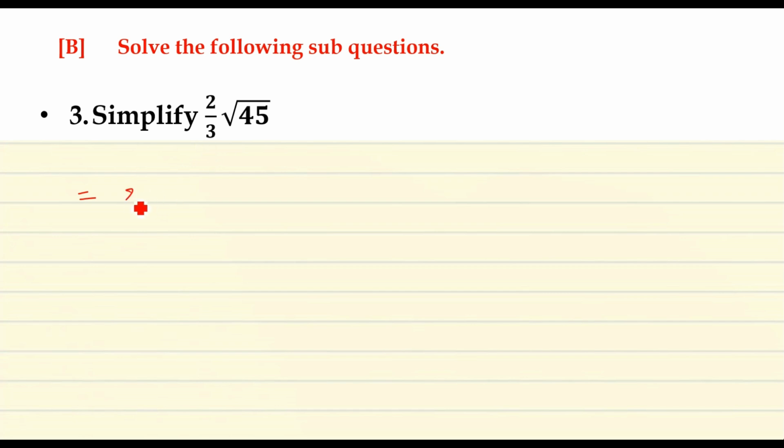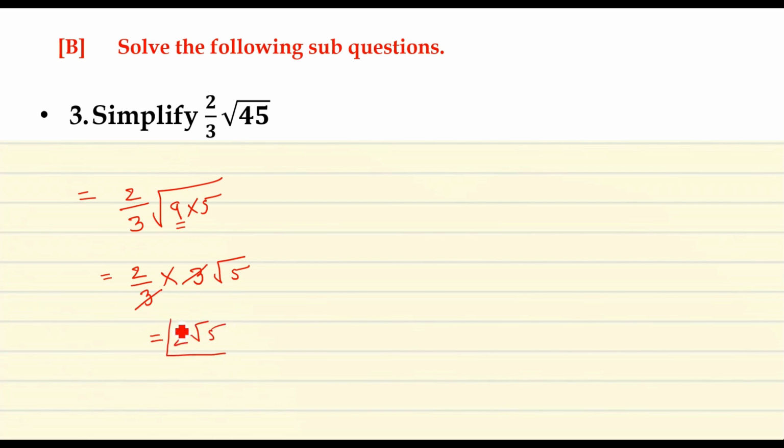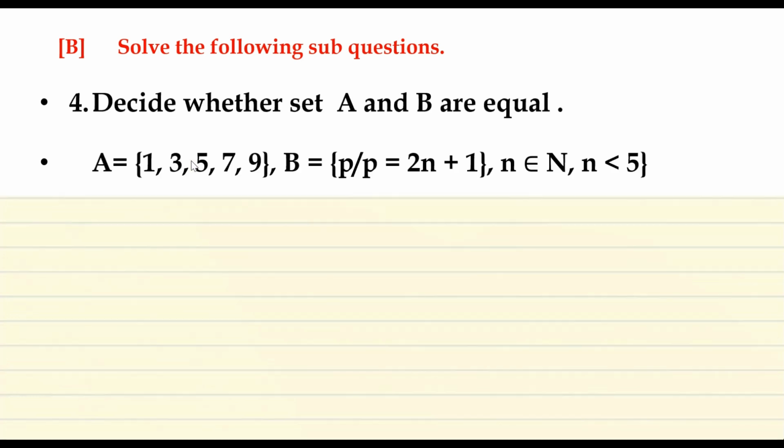So how can we express these steps? 2 by 3, this is 45, so I'll write 9 fives are 45, which is equal to 2 by 3, square root of 9 is 3, and 5 stays as it is because the square root of 5 is not possible. So these 3 and 3 get cancelled. So the final answer is going to be 2 root 5 for question number 3.